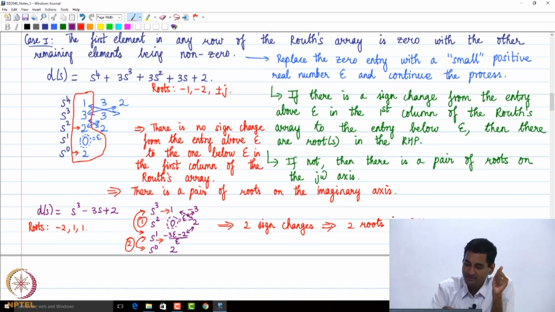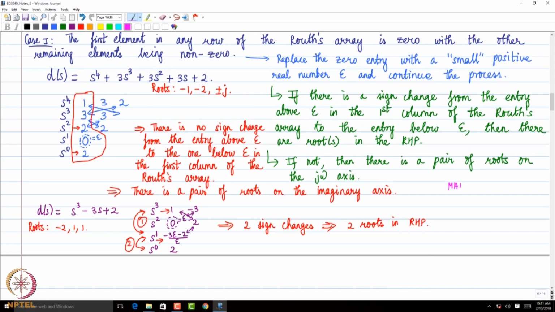I will just give you a hint. If you essentially use MATLAB, you use the command poly to get the coefficients of any polynomial once you give the roots. For example, I want to get the polynomial for which the roots will be -2, 1, 1. So I go to MATLAB, I just type poly and [-2 1 1].